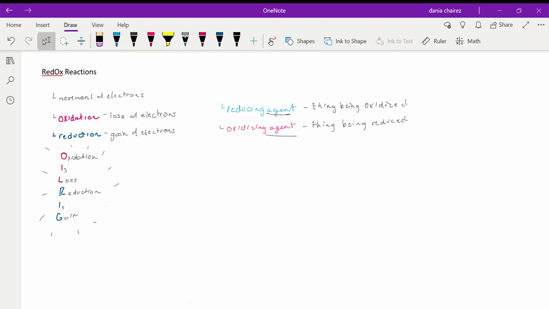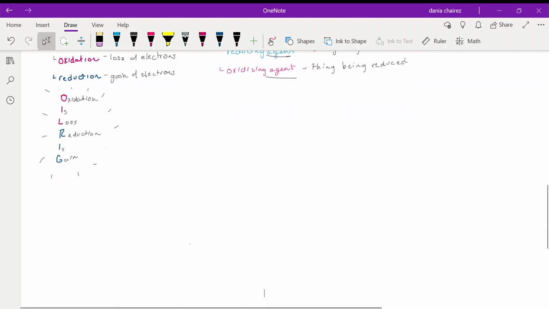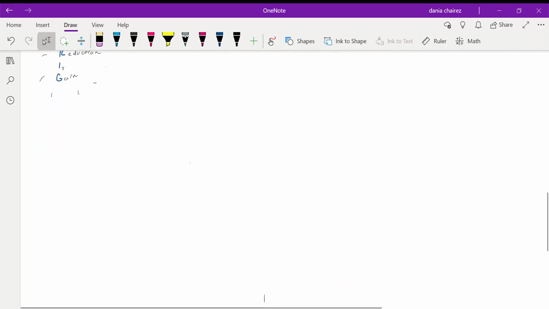The next thing we're going to move on to is balancing redox reactions, which is different from how we normally balance equations. Normally, we see that we need this many moles on one side, so we put numbers in front of it and it's cool.